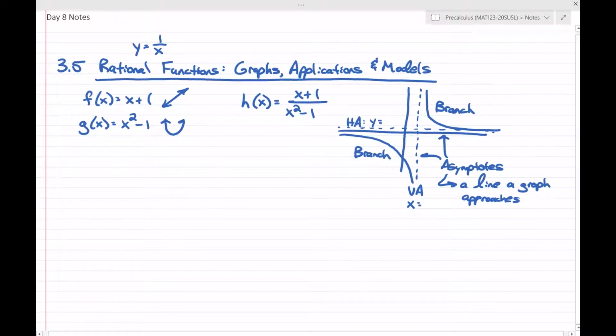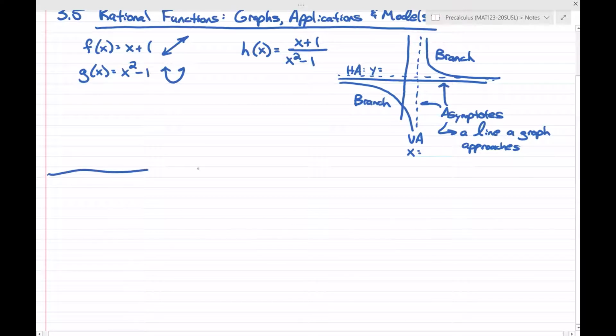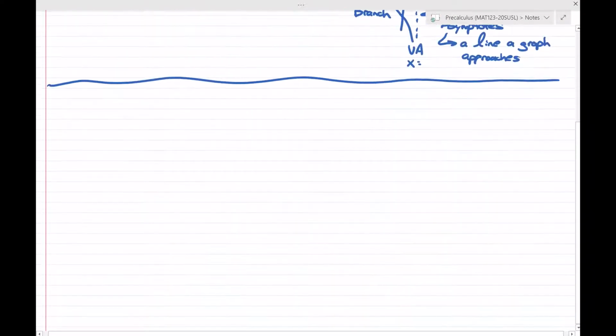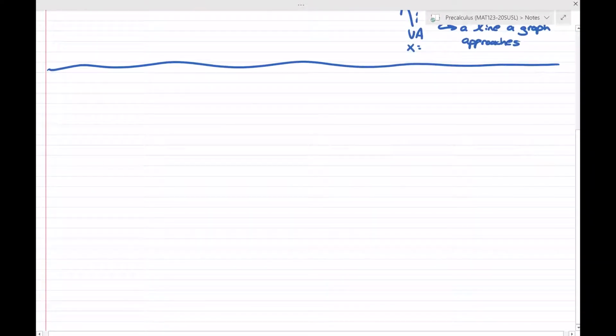So let's get into how to graph them. In our first exercise, we're just going to be modifying parent graphs. So if we had something like this, let's label this parent graphs. And let's say we had f of x is equal to 1 over x.